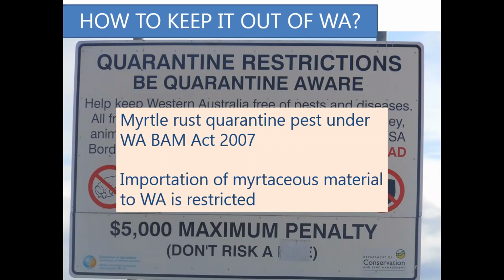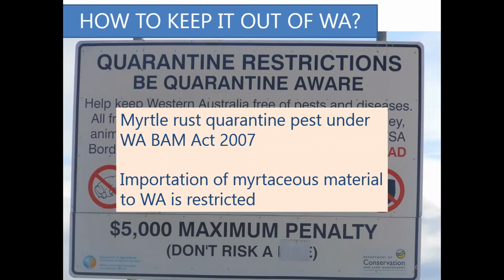Since then, the restrictions are not as stringent as what they used to be, but we still restrict the importation of Myrtaceae into the state, obviously for goods coming from Eastern Australia.